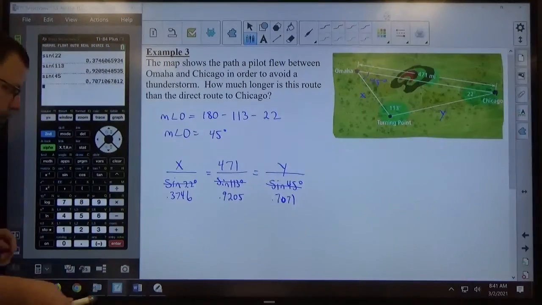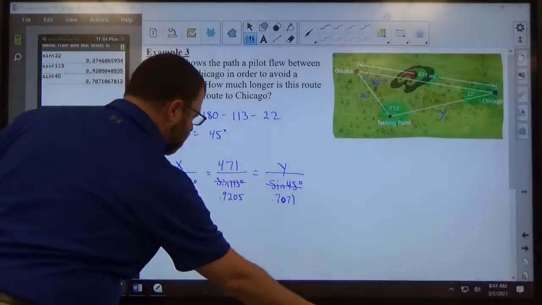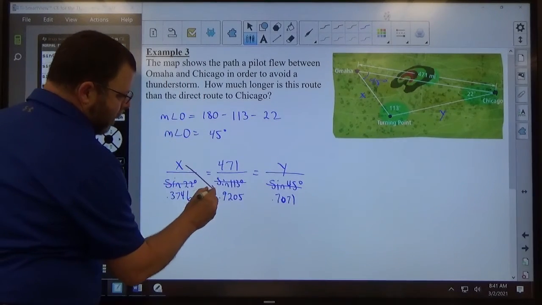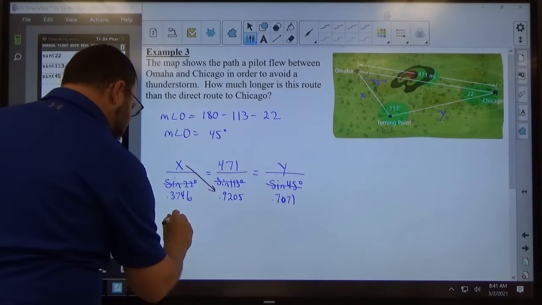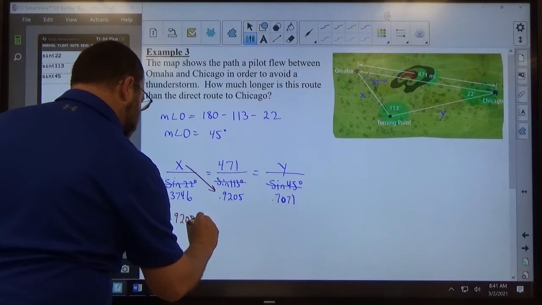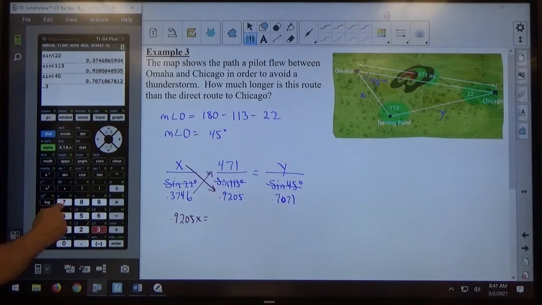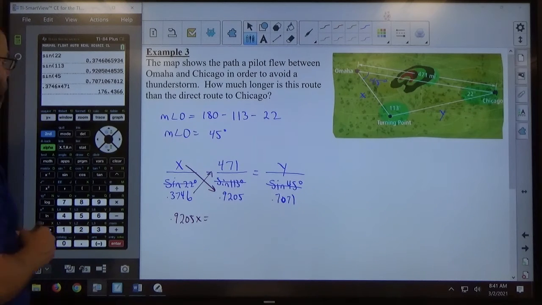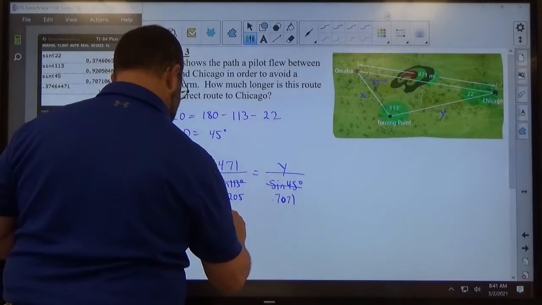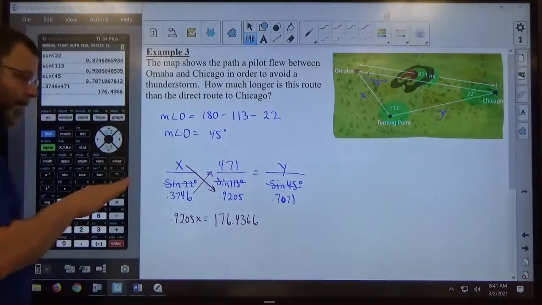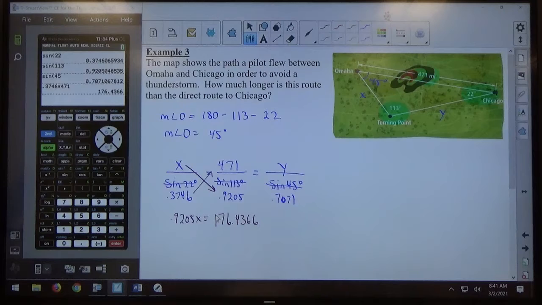So once you've done that, now we simply cross multiply to find x and y. If I cross multiply this, I'm going to get 0.9205x equals 0.3746 times 471. That's 176.4366. And that does not say x equals, it says 0.9205x equals.